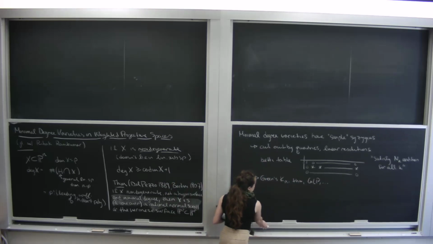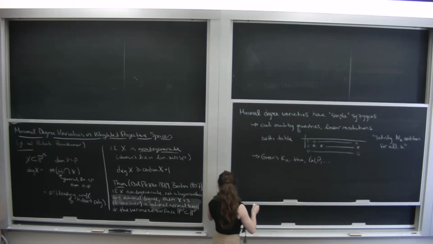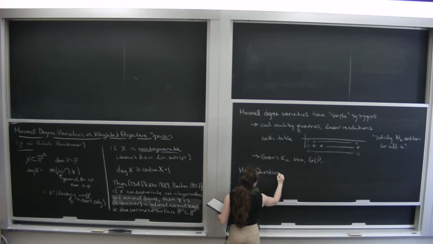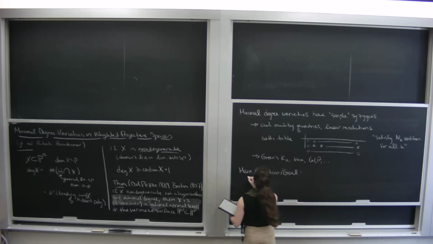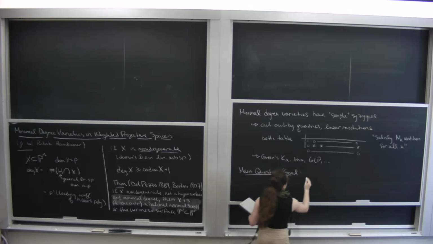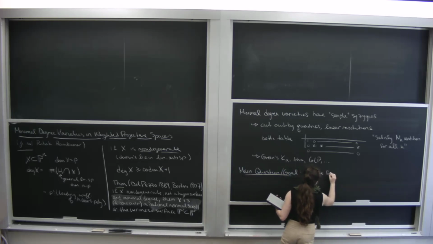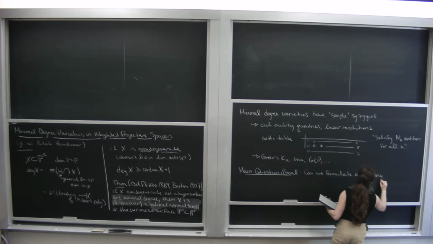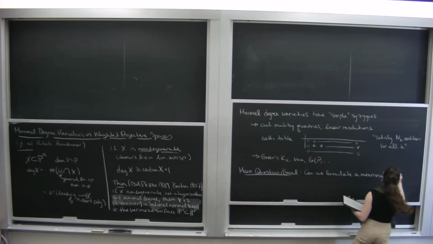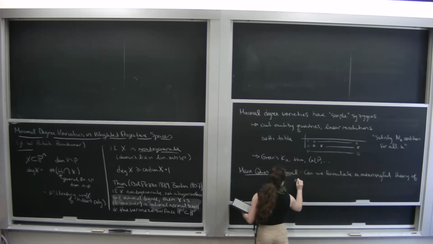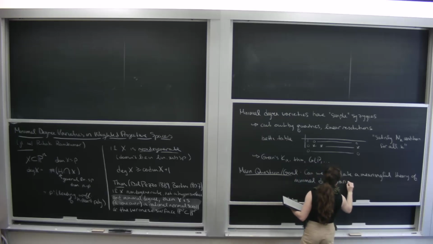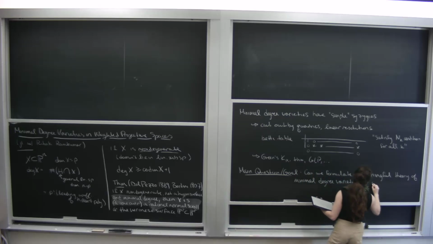So our main question / goal, I guess, is we want to know if we can formulate a meaningful theory of minimal degree varieties in weighted projective spaces.